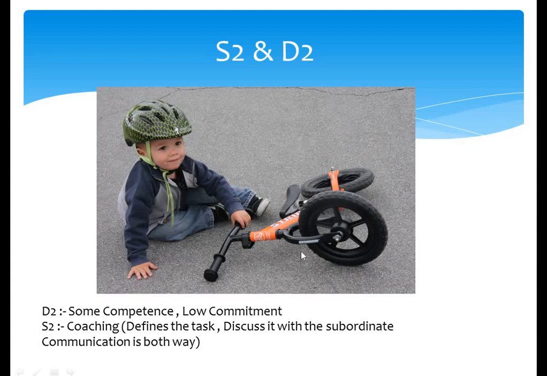The father will discuss with his kid, yes kid, let me know what all problems you are facing. Why are you not able to ride the bike properly? Why are you facing the problem? Why are you not able to use the pedal? And he'll know what all problems he is facing, and then he'll teach him how to do it properly.